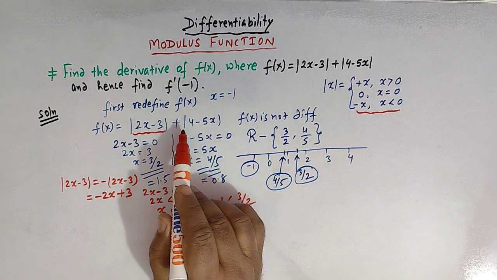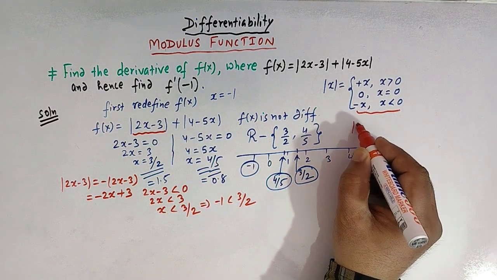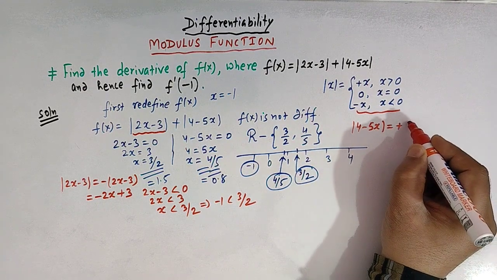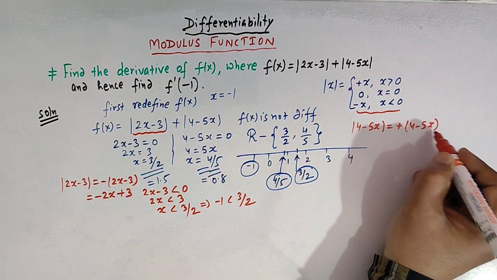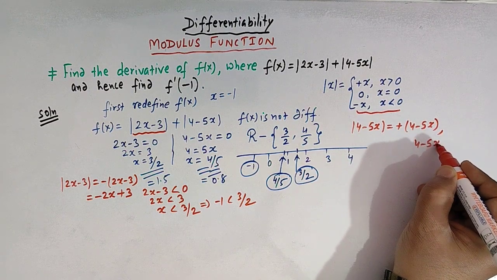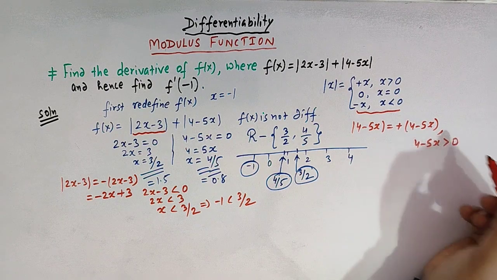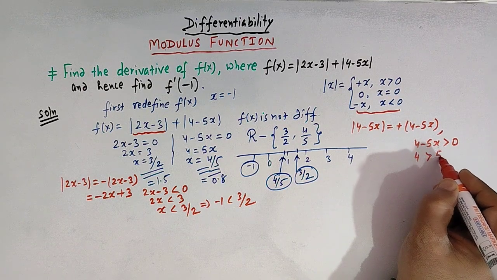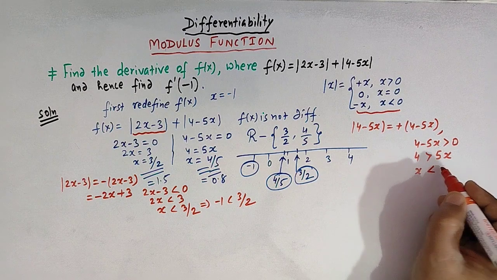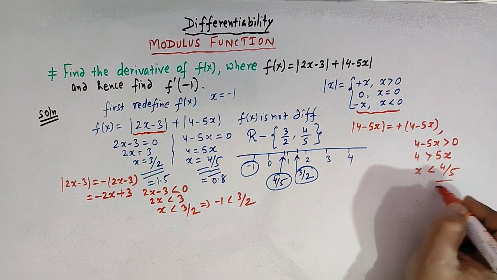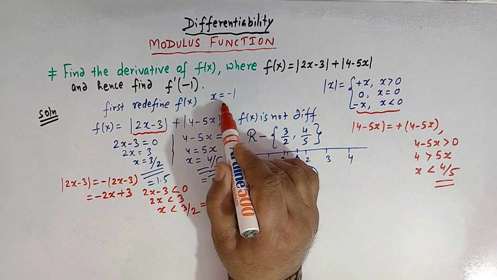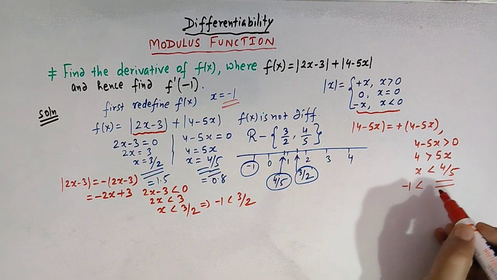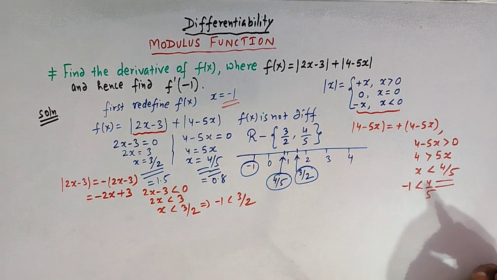Now let us take |4 - 5x|. |4 - 5x| = 4 - 5x whenever 4 - 5x > 0. This inequality gives us 4 > 5x, so x < 4/5. And here we have x = -1, and obviously -1 is less than 4/5.